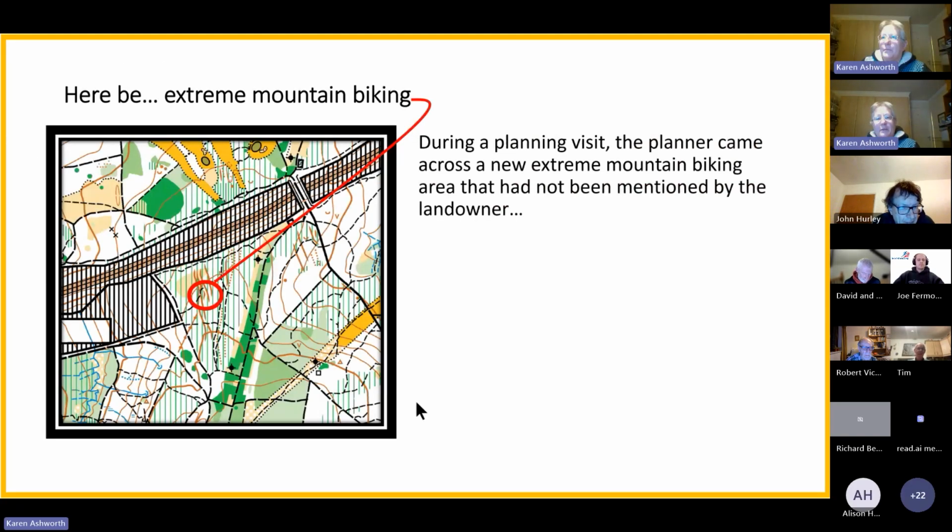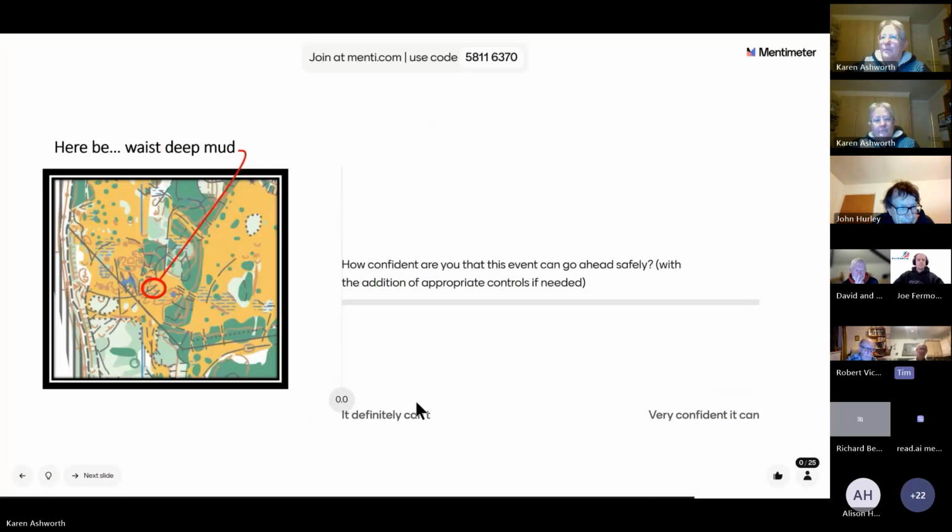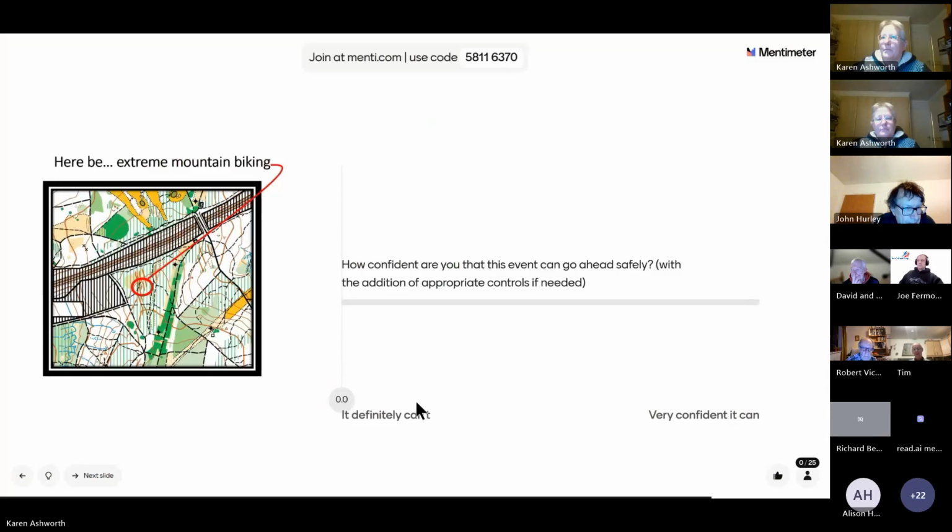Extreme mountain biking. So planning visit, the planner comes across a new extreme mountain biking area that hadn't been mentioned by the landowner as part of the land permissions. So this is still at the planning stage. Can we work around it?